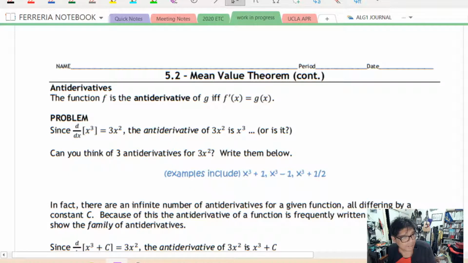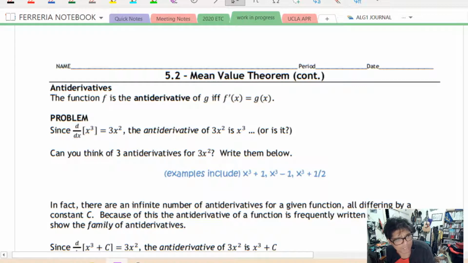So let's take a look at this one. Since the derivative of x cubed is equal to 3x squared, the antiderivative of 3x squared is x cubed. Okay, that's how they're linked, derivative and antiderivative.